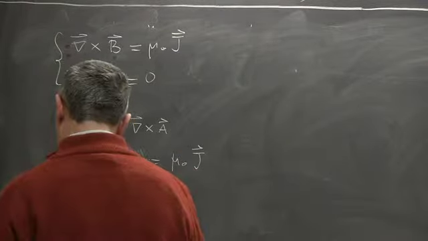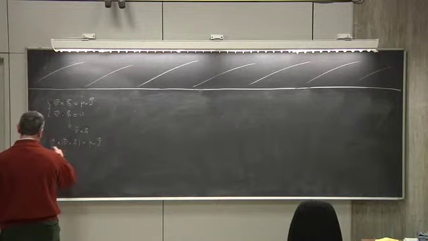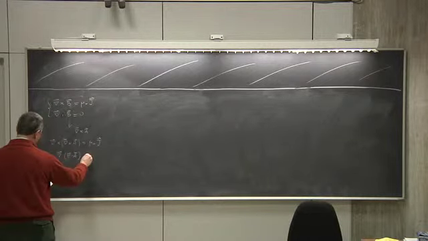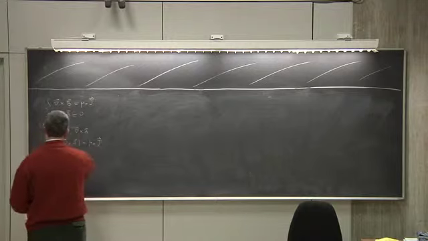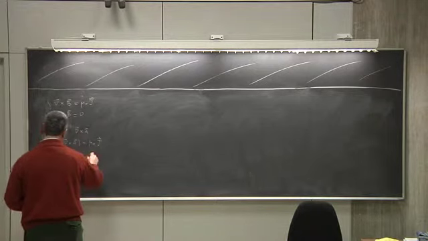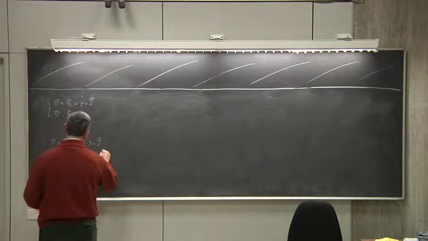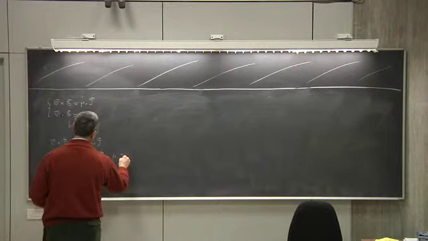I use that formula again, and I get the gradient of the divergence of A, the first term, minus the divergence of the gradient, so the Laplacian of A, equal to mu naught J.